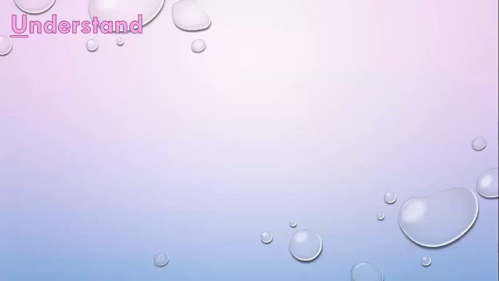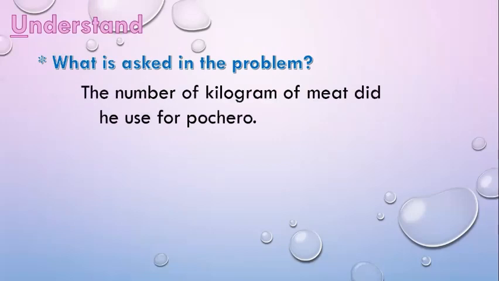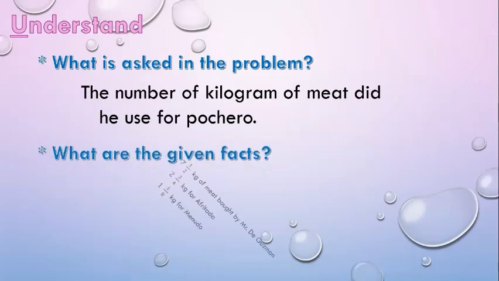Okay, let's start with step 1. Understand. What is asked in the problem? It is the number of kilograms of meat he used for puchero. What are the given facts?